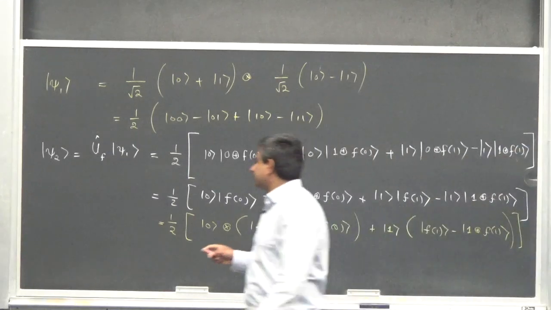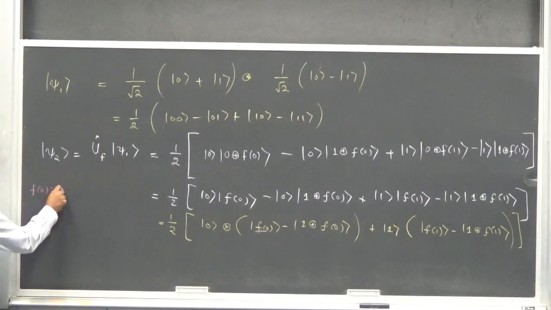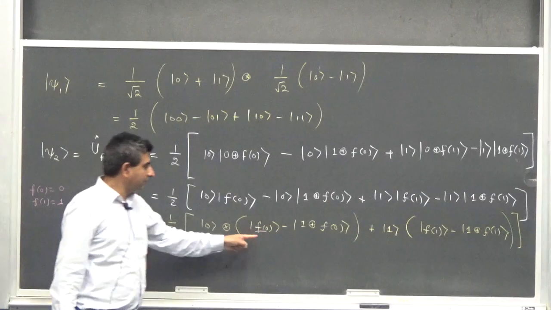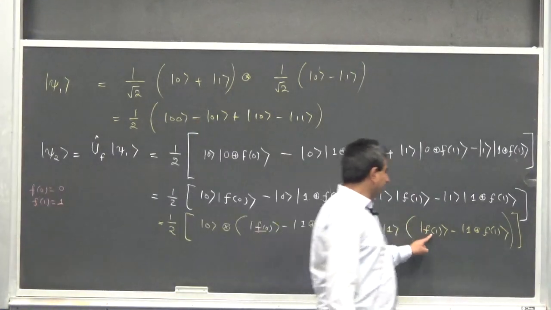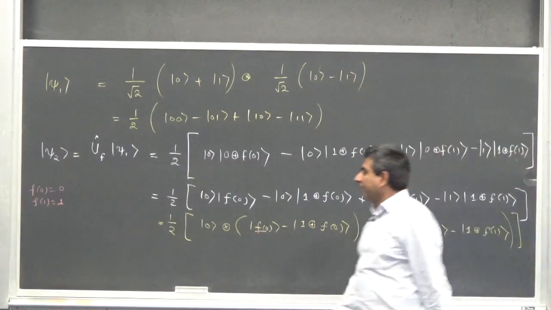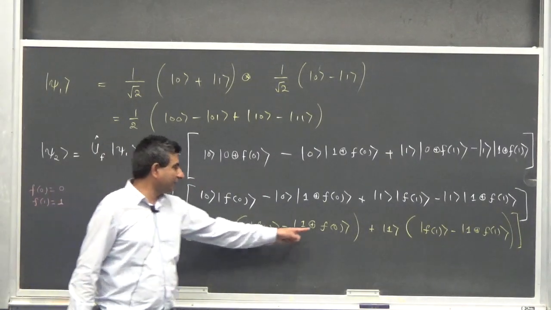So the possibilities: f of 0 is 0, f of 1 is 1. Then this will be 0, this would be 1, then this would be 1 and this would be 0. The other possibility is that this is 1, and then this would be 0.